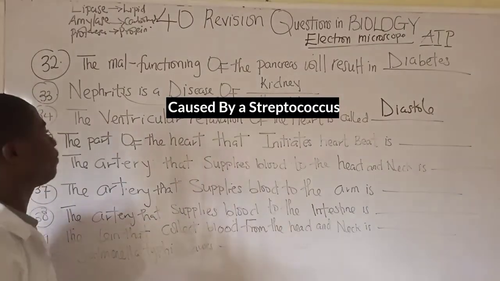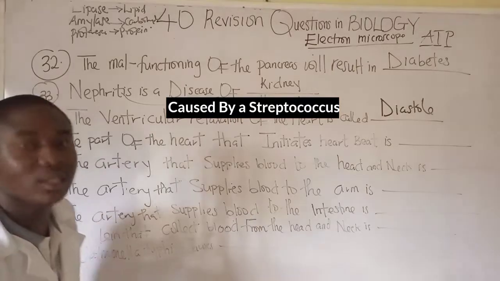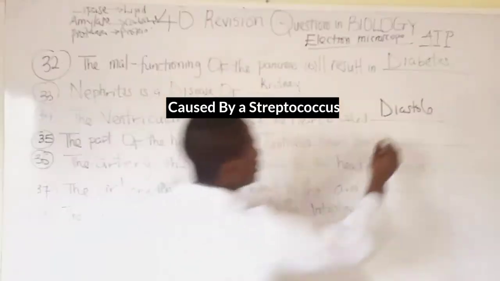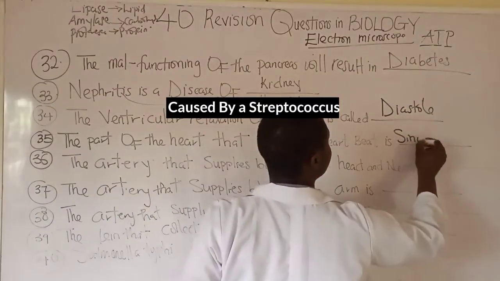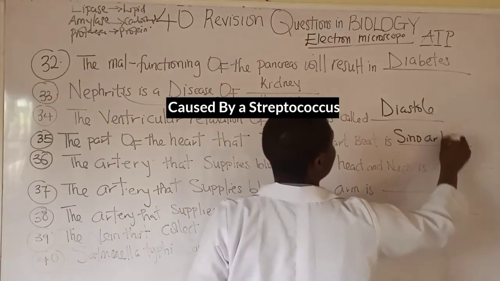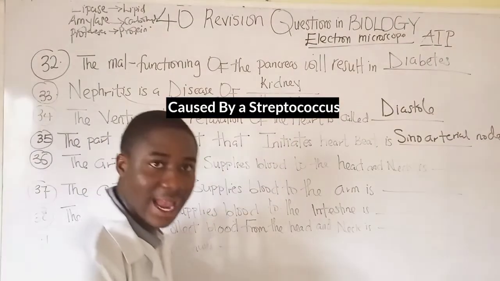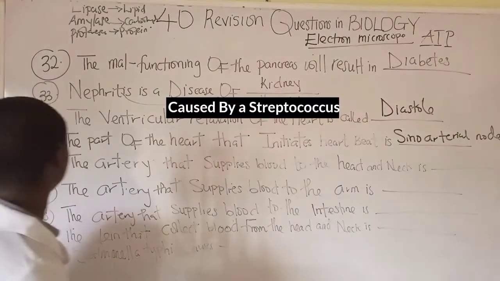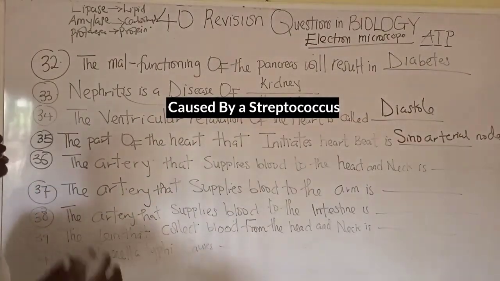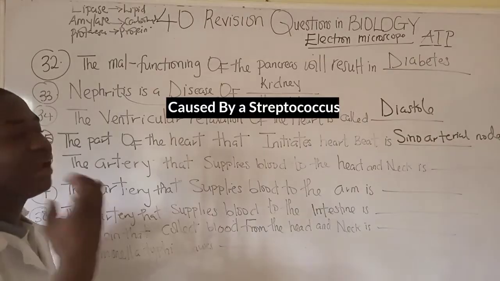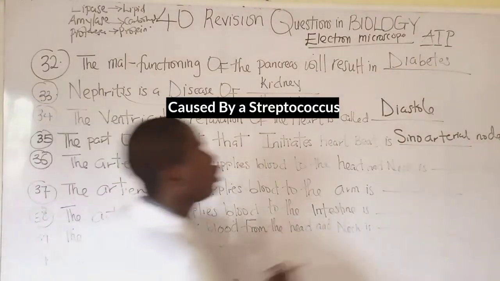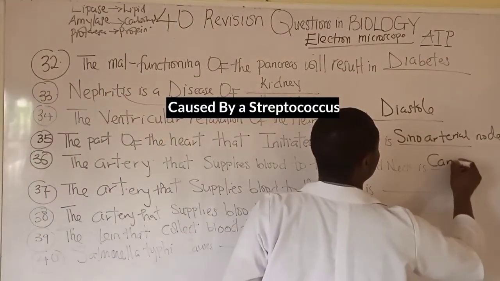Question 35 says the part of the heart that initiates heartbeat is called the sinoatrial node. The sinoatrial node. So question 36 says the artery that supplies blood to the head and the neck is called the carotid artery.